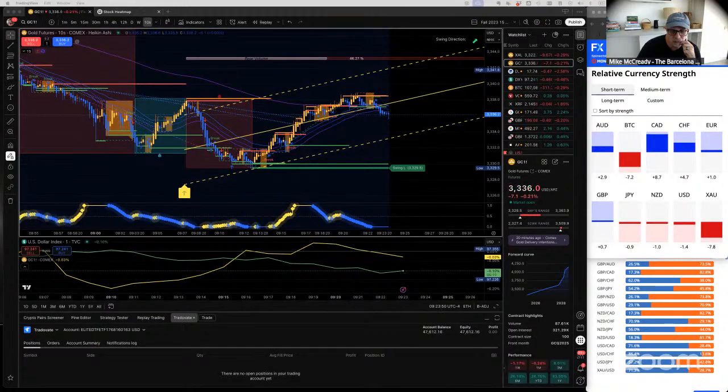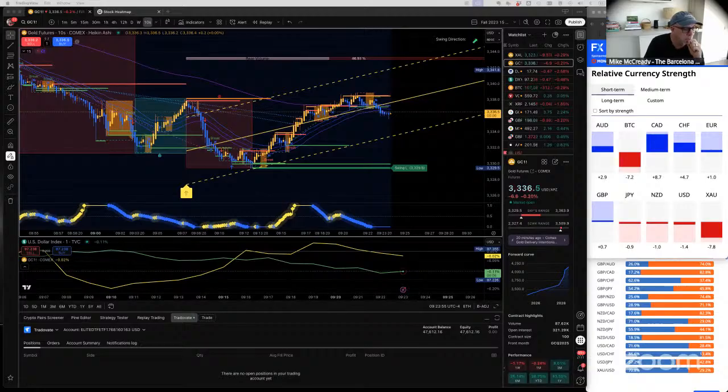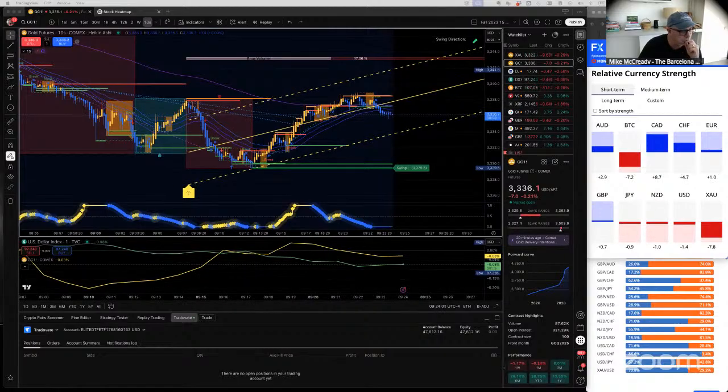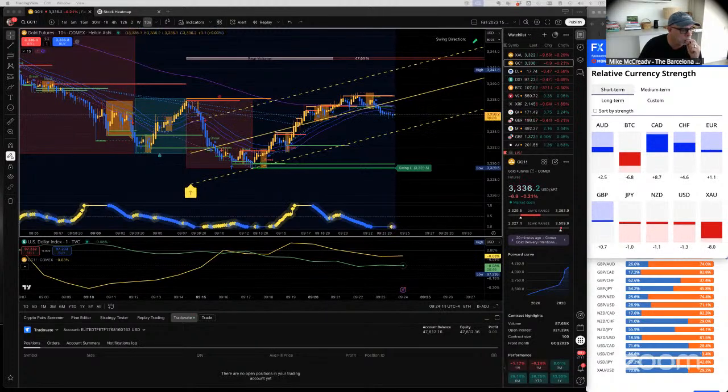Another sell trade here, but I need to see some bigger candles. I don't like it.